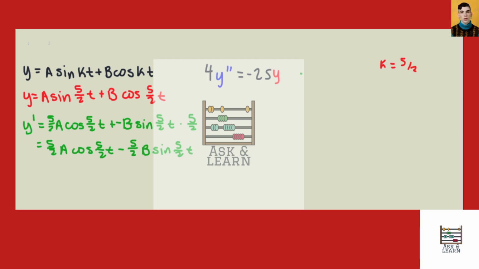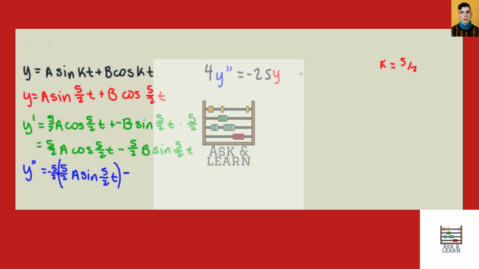And to find y double prime, we're going to do the same thing. So we take the derivative of the outside, which is negative sine, leave the inside the same, times the derivative of the inside, so we're going to multiply it times negative 5 over 2. I'll put parentheses here. Do the same thing here.